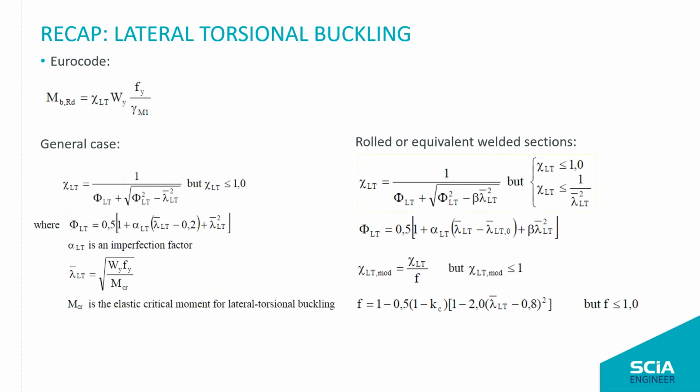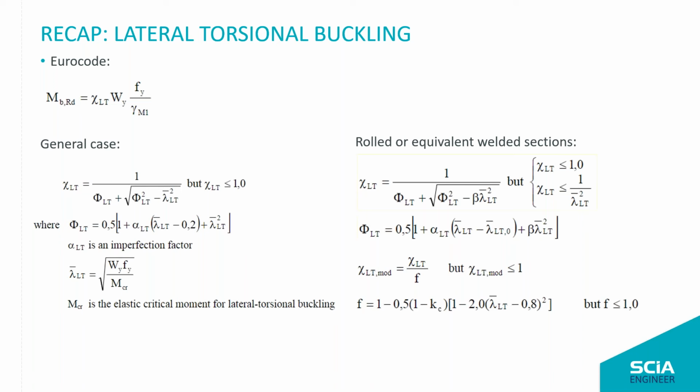And then finally, one that has been announced before, lateral torsional buckling. Also, I put in a quick reminder on what we do in the Eurocode. We try to find some resistance moments considering lateral torsional buckling, where we just take the moment resistance and we multiply it by a reduction factor for lateral torsional buckling.